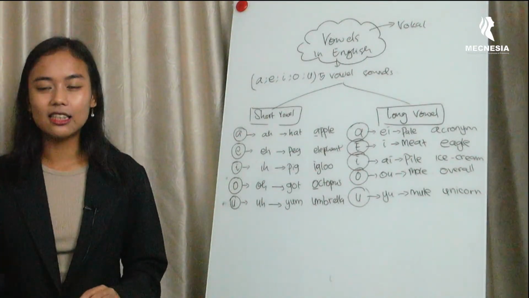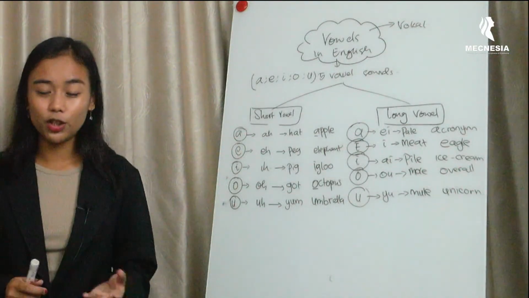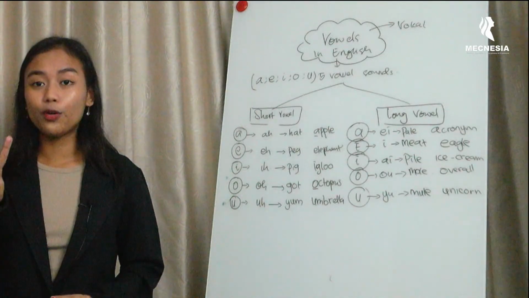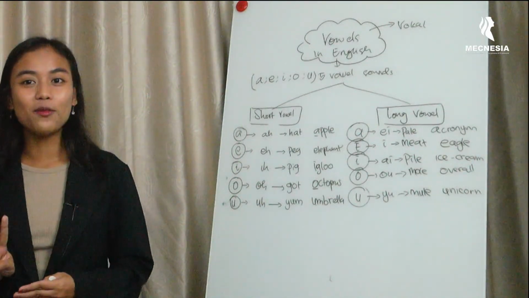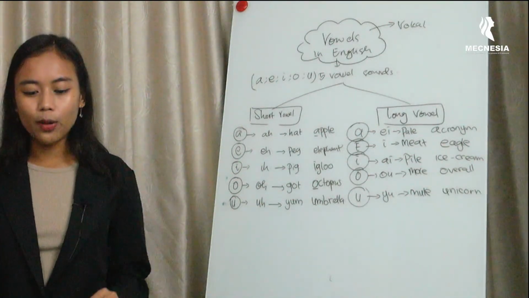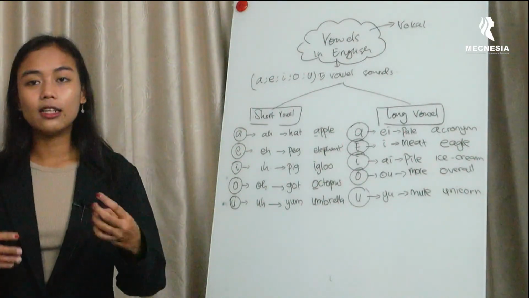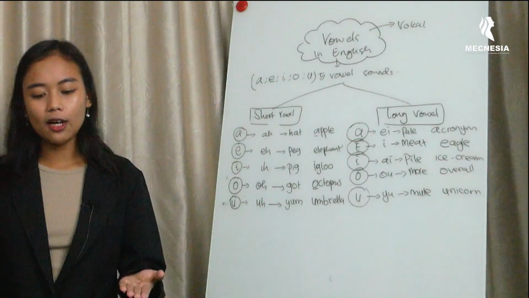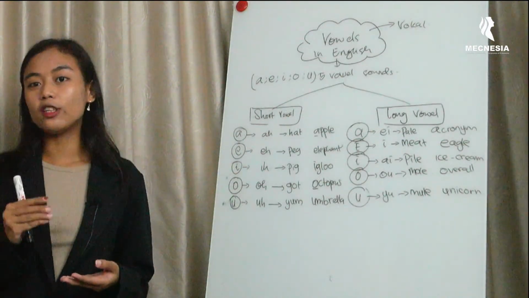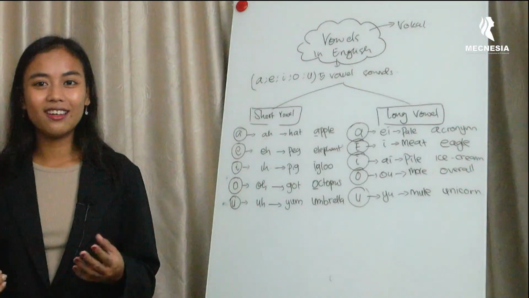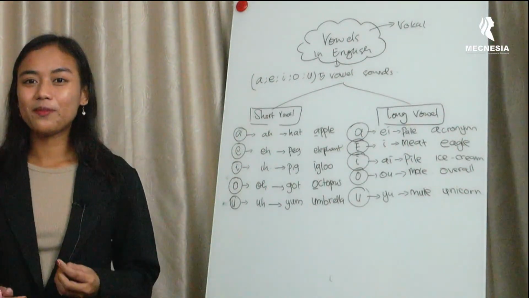Okay, the last, the long U, sorry. The long U, there are 4 rules to use it. Ada 4 aturan buat makainya. So the first, when the U is followed by the consonant, and then the other vowel. Jadi ketika huruf U-nya diikuti oleh huruf konsonan dan huruf vokal lain. For example, in the word cute, cute.